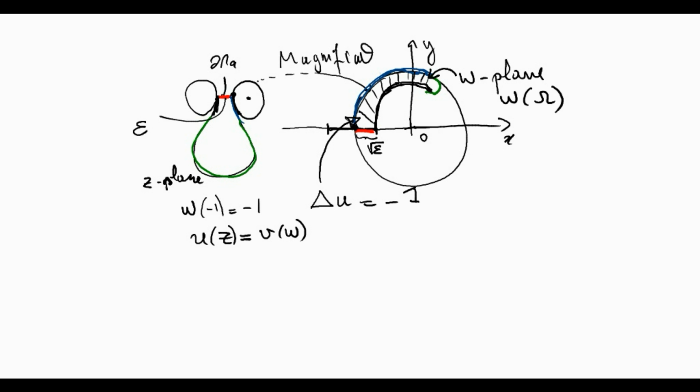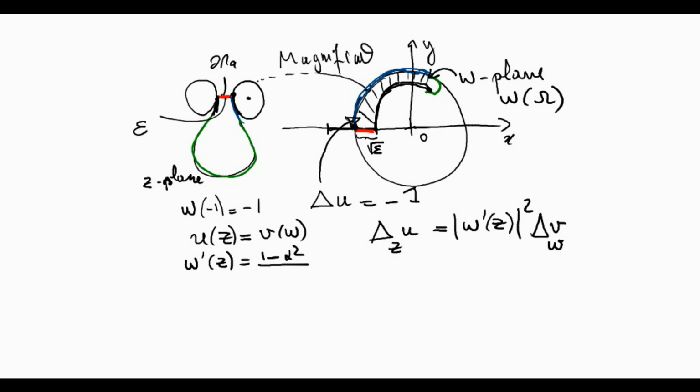can be derived from the classical properties of the Laplacian, which is Laplacian u of z is going to be w prime of z squared Laplacian of v for the variable w, where w prime is just the derivative of the conformal Mobius function, which is equal to 1 minus alpha square divided by 1 minus alpha z squared.